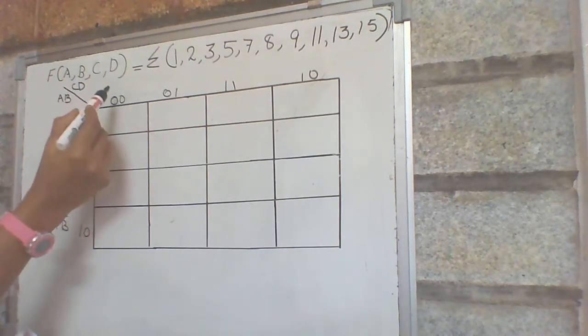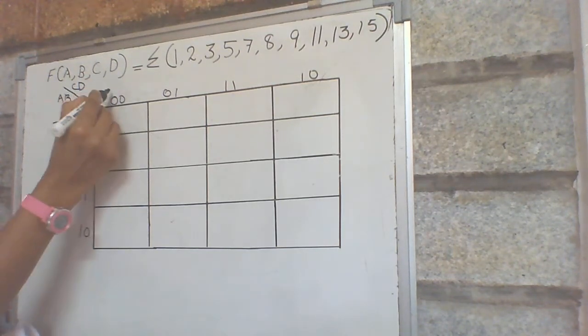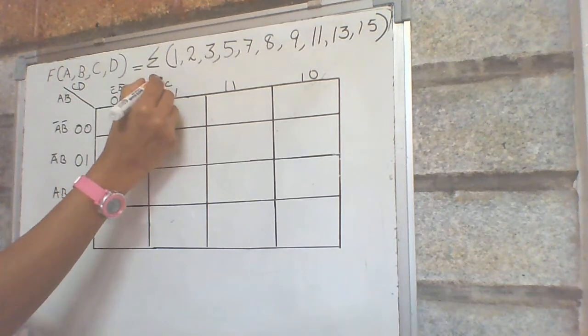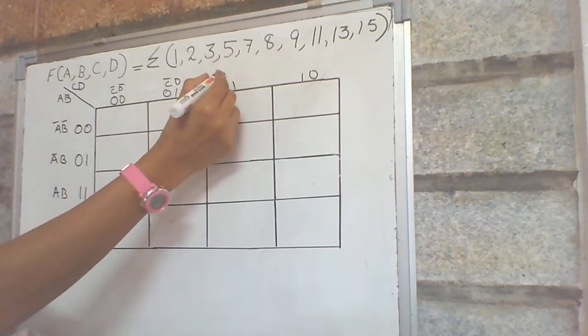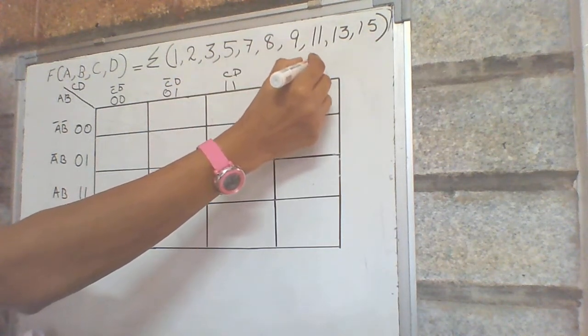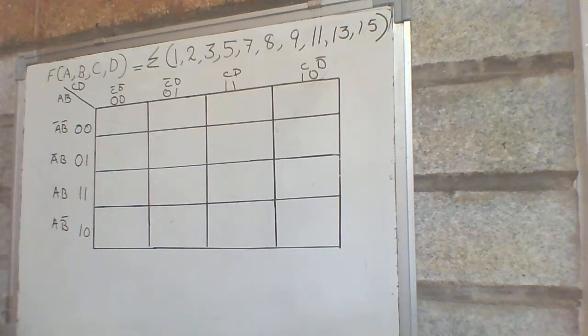Same for the top side: 0, 0 is C bar, D bar. 0, 1 is C bar, D. 1, 1 is C, D. 1, 0 is C, D bar.